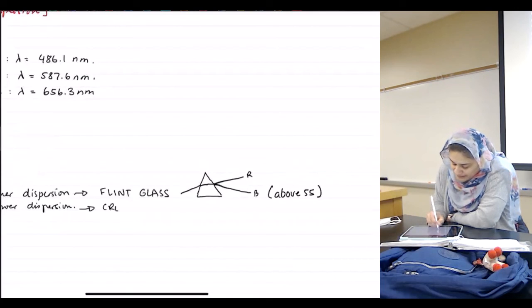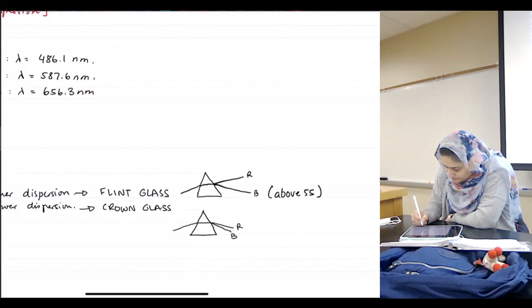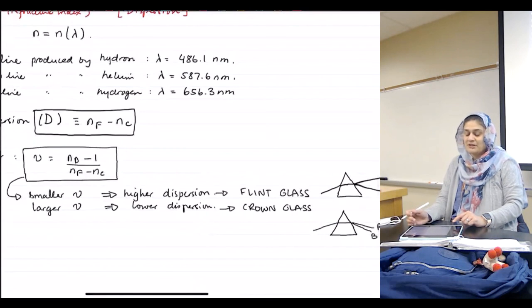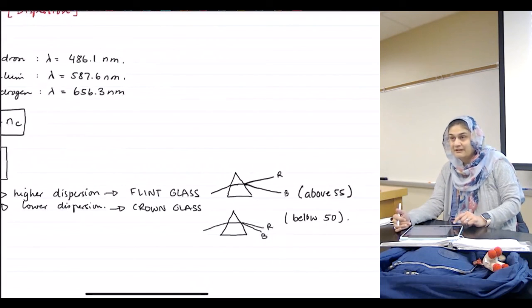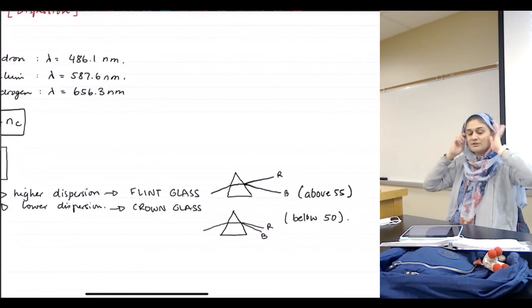Whereas crown glass, the same picture will look like this. Red and blue. And the number will be below 50. So the ratio of ND minus 1 divided by NF minus NC. If it's above 55, it will be highly dispersive. If it's below 50, it will not be dispersive.